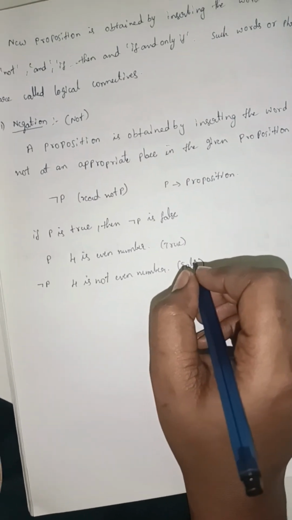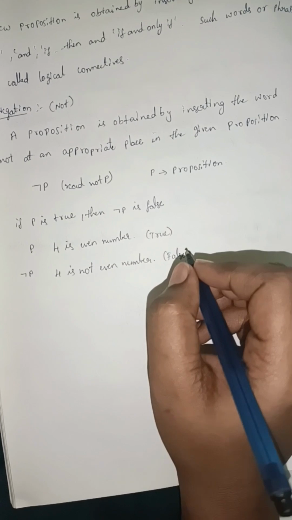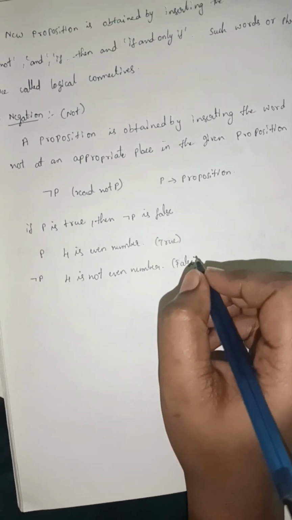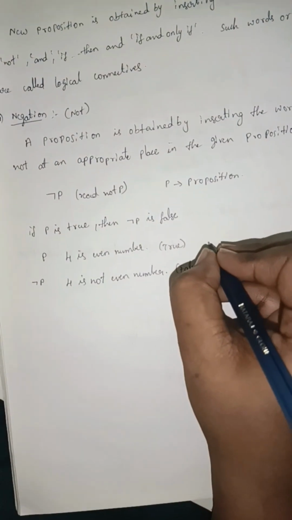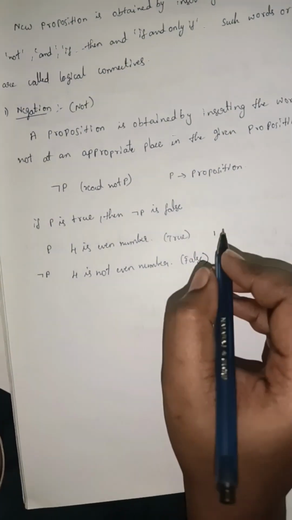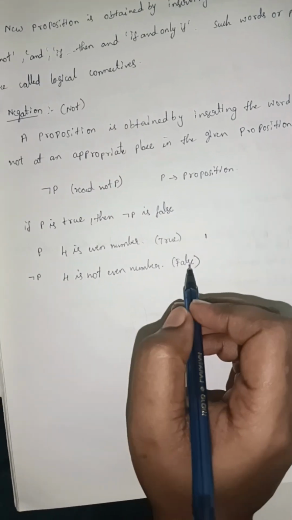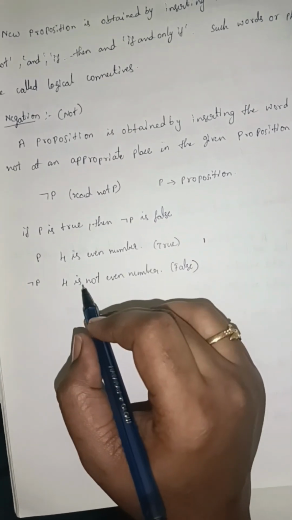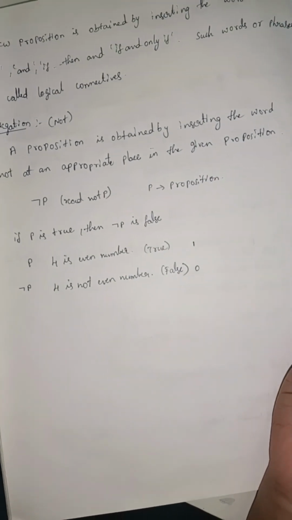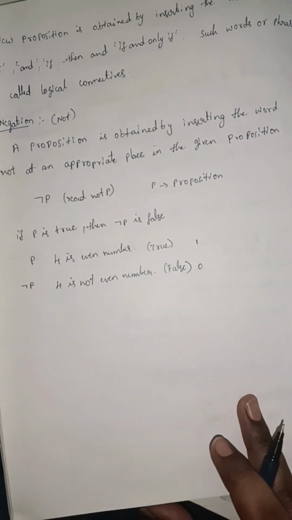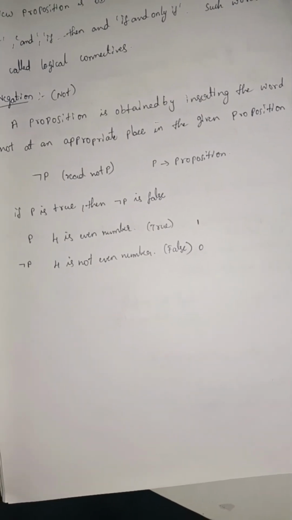Regarding truth values, in a truth table we write true as 1 and false as 0. I think you understand the negation.